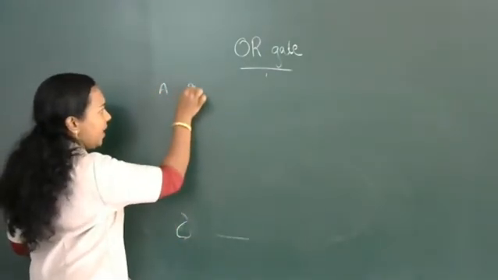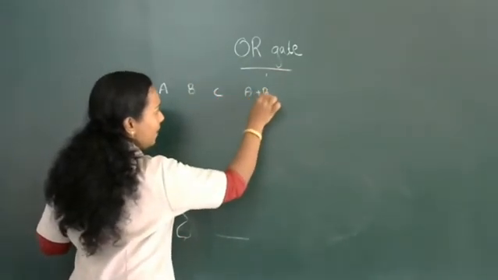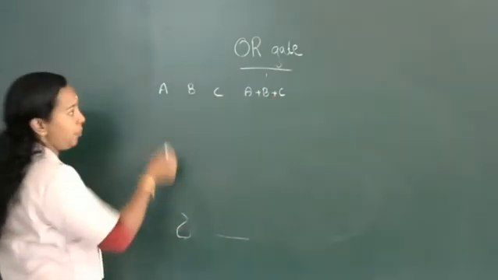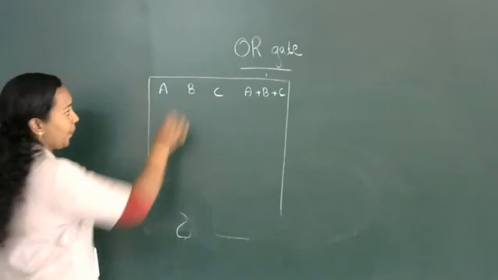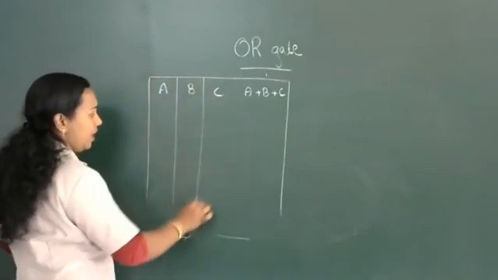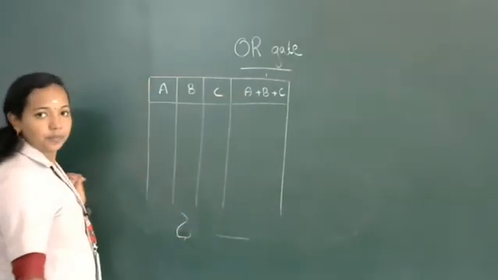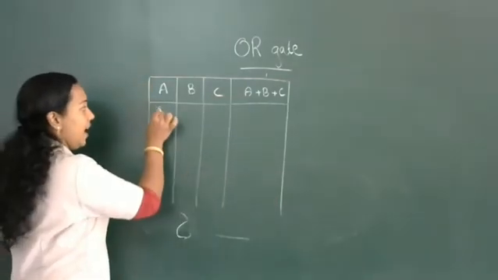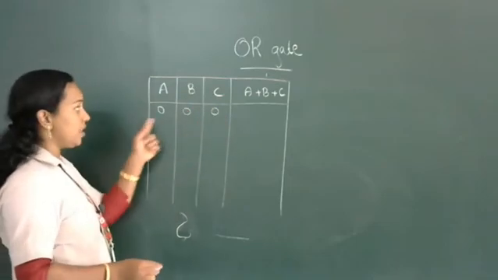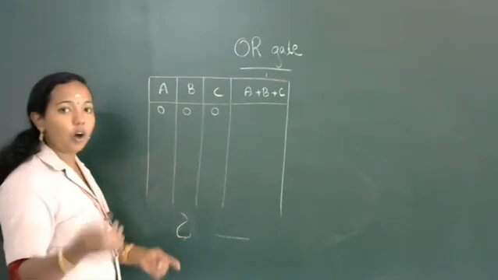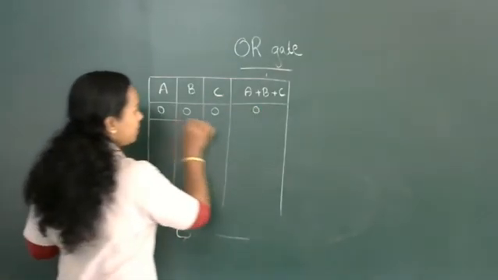A, B, C, A plus B plus C. I am using 3 inputs. I am going to draw the truth table: A, B, C, A plus B plus C. First case: A is equal to 0, B is equal to 0, C is equal to 0, so 0 plus 0 plus 0. If all the inputs are 0, the output will be 0.